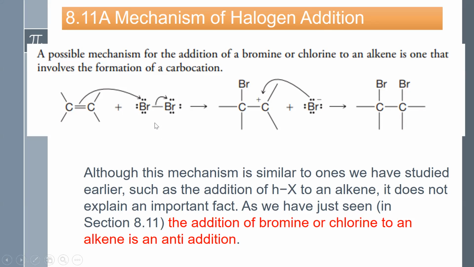So what happens is this molecule will utilize an instantaneous dipole. At one instant, one bromine will bear a partial negative charge and the other will bear a partial positive charge. In that case, when one of the atoms of this halogen bears the partial positive charge, this will be added to your double bond.